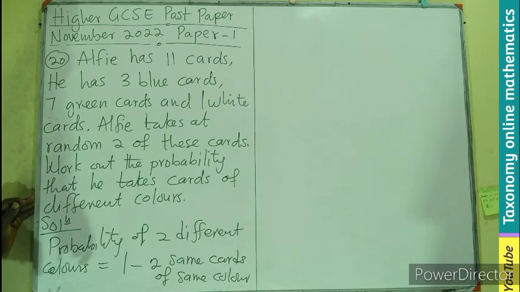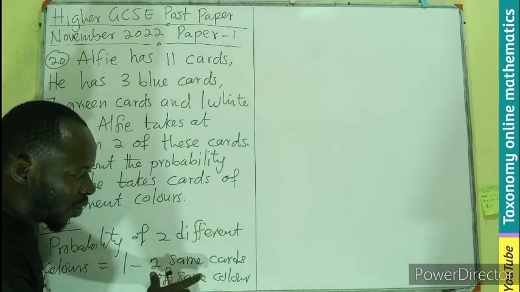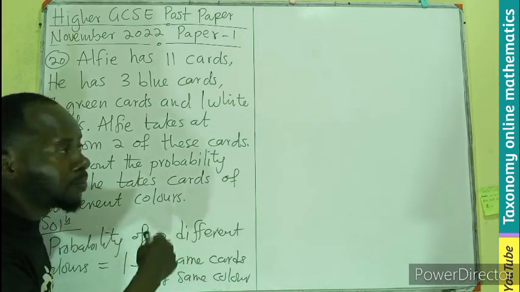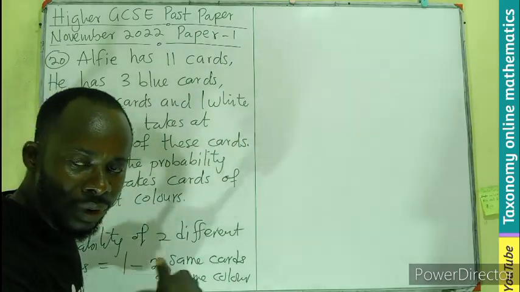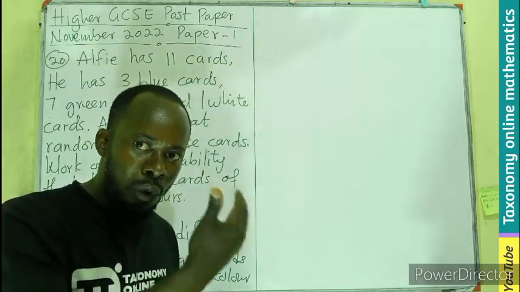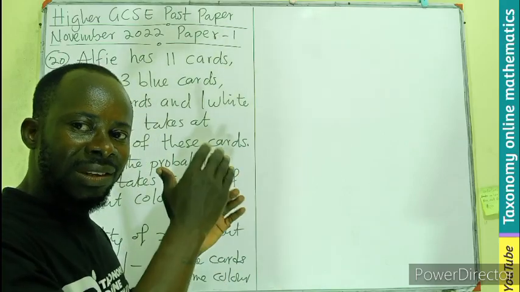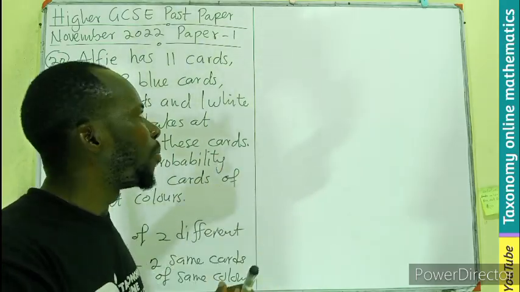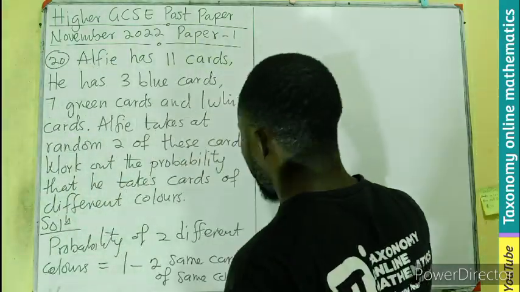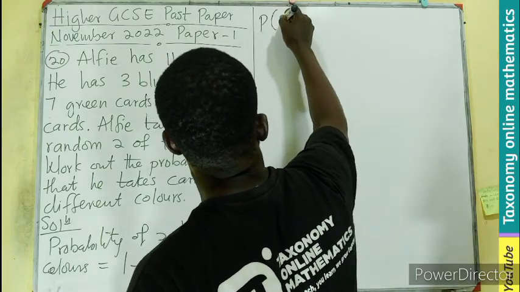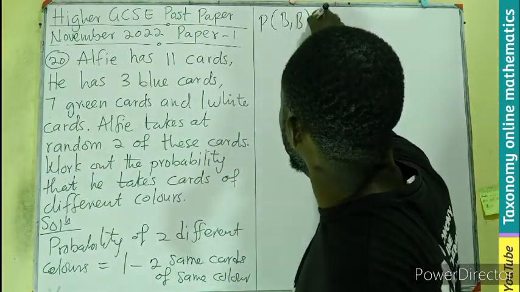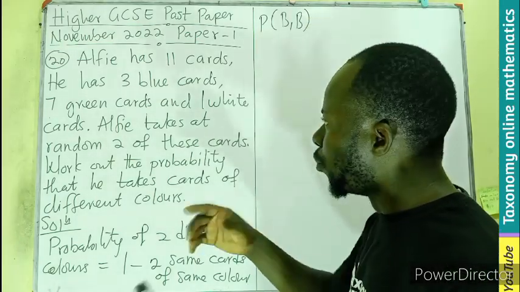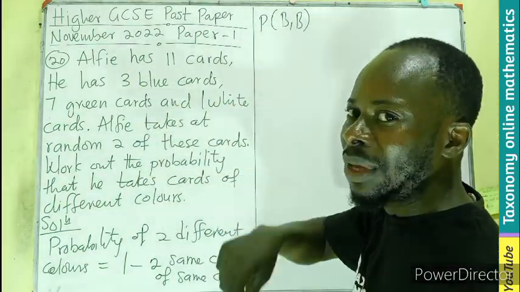Now we need to know the probability of the same card, meaning blue, blue, first being blue, second being blue, green, green, white, white. So it means and, or will be applied here. Here I'll have the probability of blue and blue. The first one being blue, then the second one being blue.